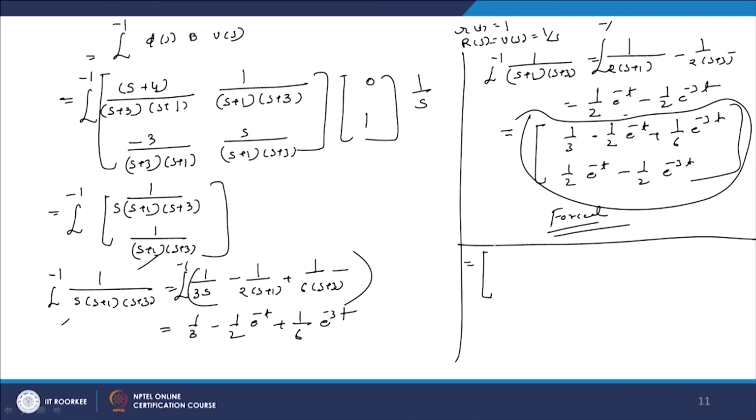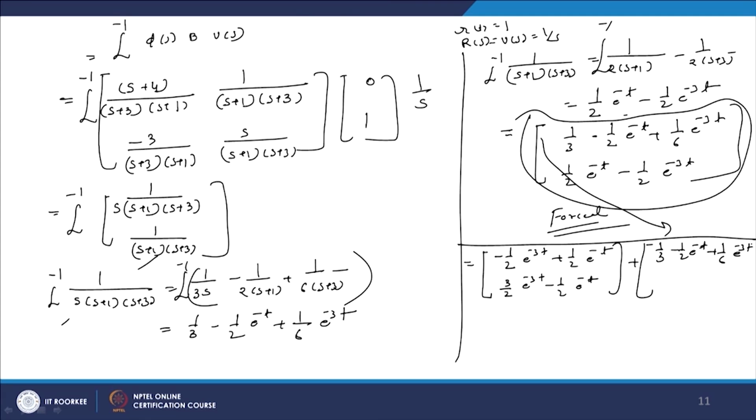First of all we write the unforced part: 1 by 2 e raised to minus 3t plus 1 by 2 e raised to minus t, and here 3 by 2 e raised to minus 3t minus 1 by 2 e raised to minus t, plus the same part, 1 by 3 minus 1 by 2 e raised to minus t, 1 by 6 e raised to minus 3t, and here 1 by 2 e raised to minus t, 1 by 2 e raised to minus 3t.